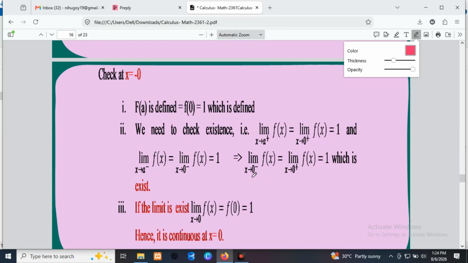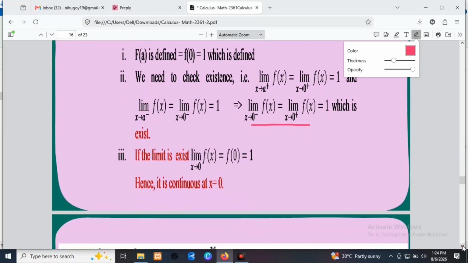As you see from this graph, the right and the left have the same value, which is 1. If the limit exists, the limit and the functional value are the same. The limit here and the functional value f of 0 have the same value, which is 1. So it is defined at f of 0.